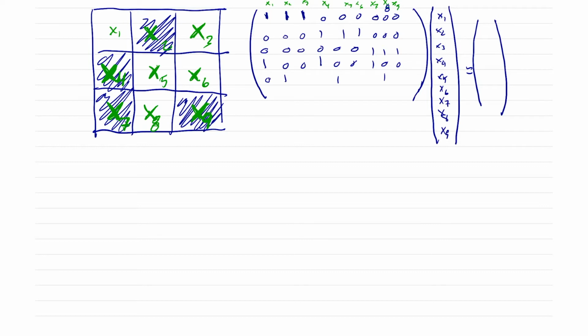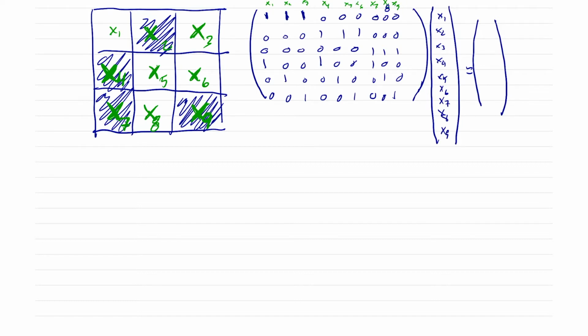And everything else is 0. And if I want to add the last column, x3, x6, and x9, well, then it's going to be this. So it corresponds to x3, x6, and x9.